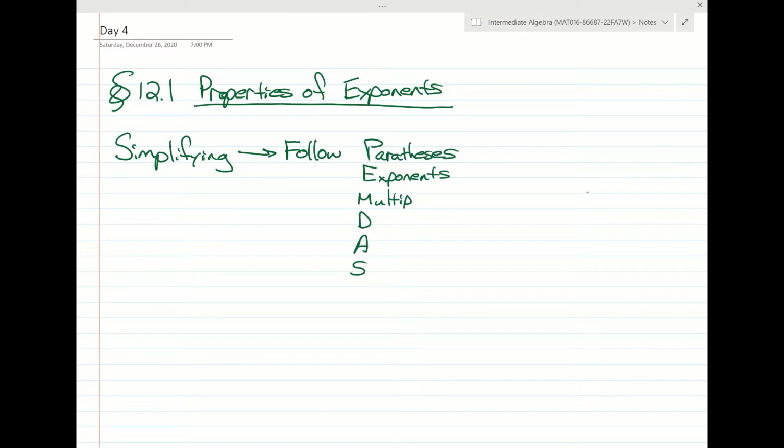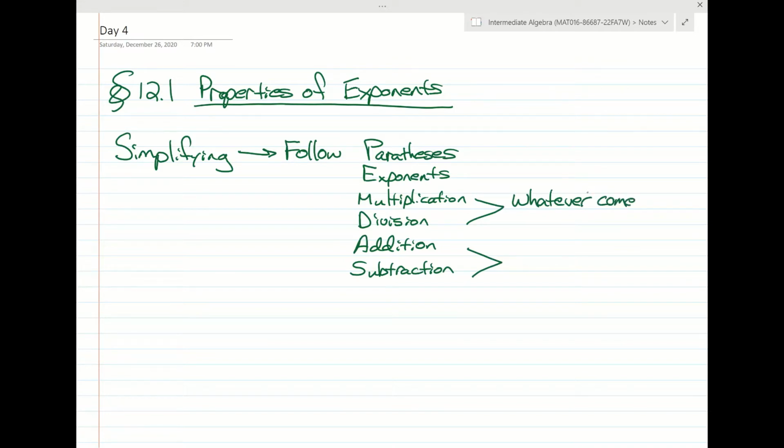Next, we take a look at multiplication, division, addition, and subtraction. With multiplication and division, and with addition and subtraction, we do whatever comes first, from left to right.